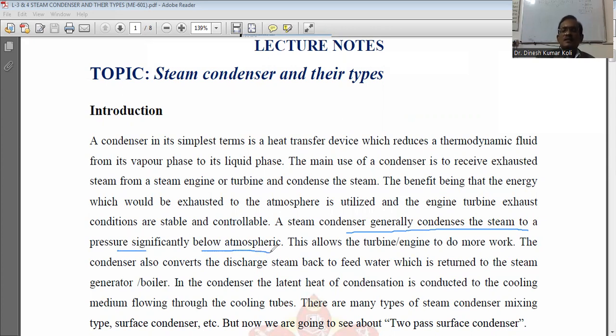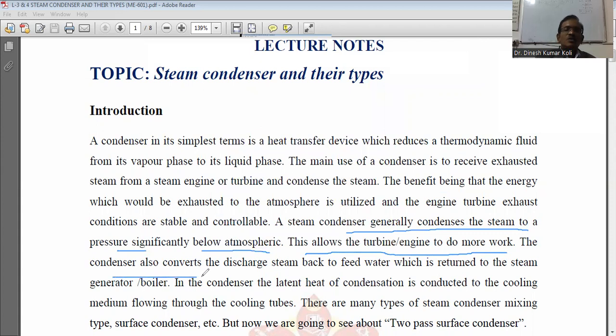This means the condensation of the steam in the condenser will occur below atmospheric pressure, because if the condenser is working at a vacuum pressure, below atmospheric pressure, the work obtained from the steam turbine will be more. This allows the turbine or engine to do more work.